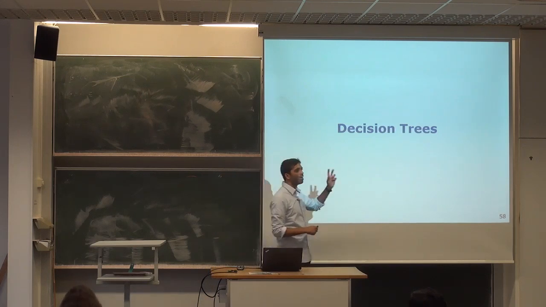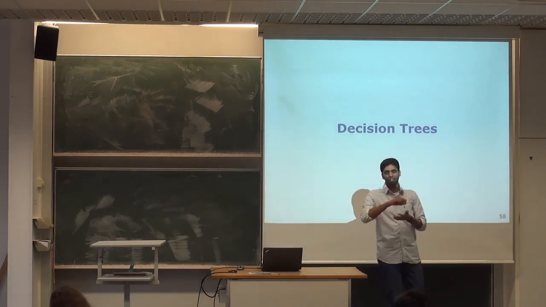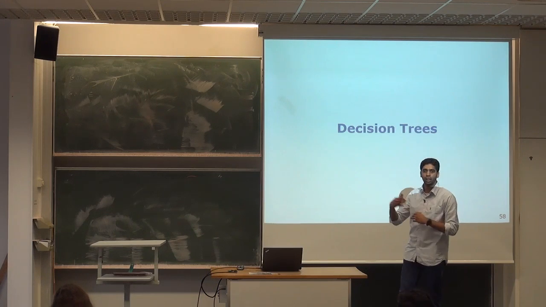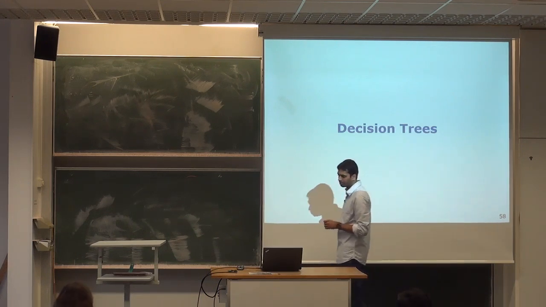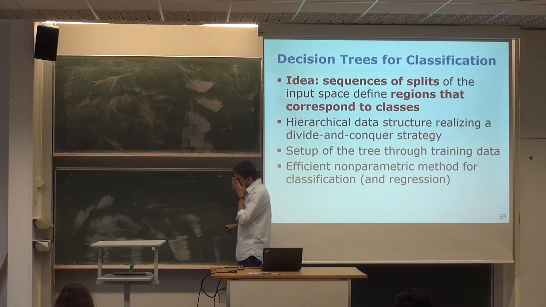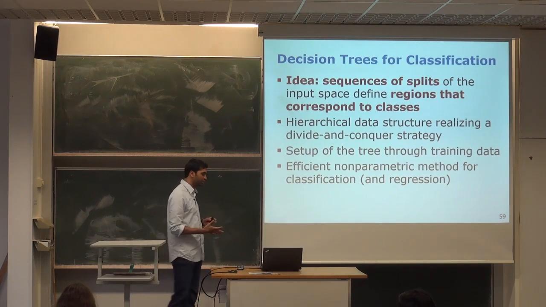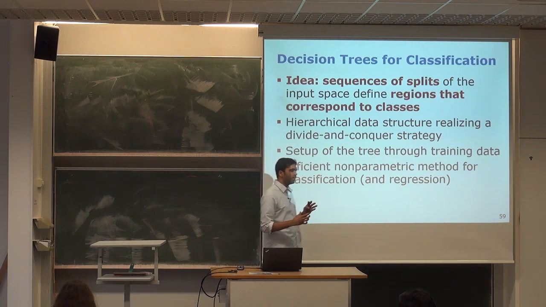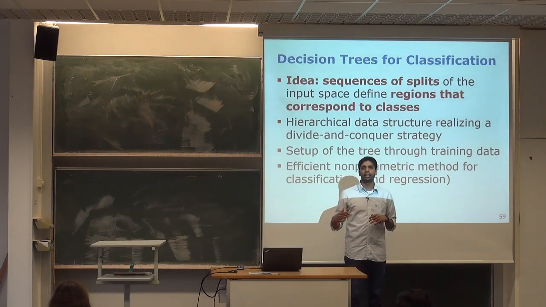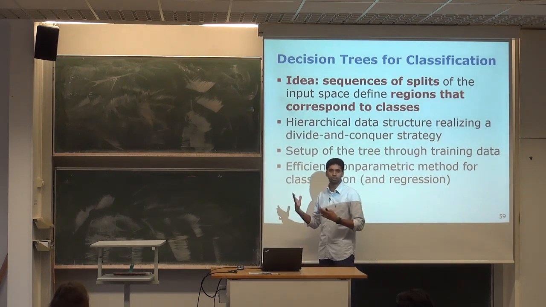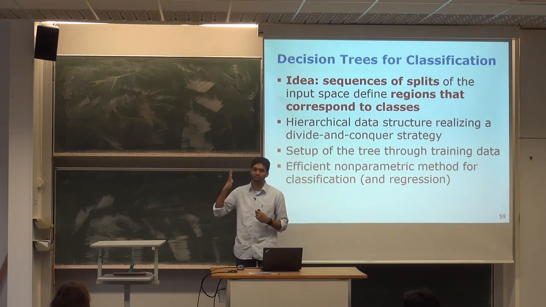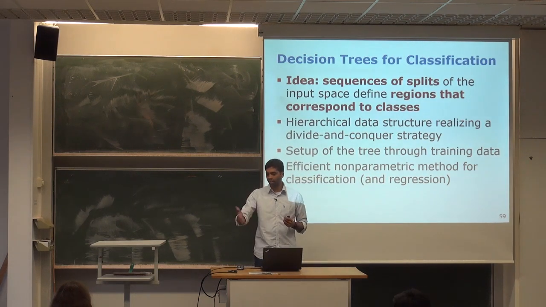So in this case, the f may not look like a function with some formula, but rather a sequence of questions. And the idea is like this. When you ask this sequence of questions, essentially what we do is that we split the feature space or the input space. So when we ask the question, is the car more than 10,000 euros?